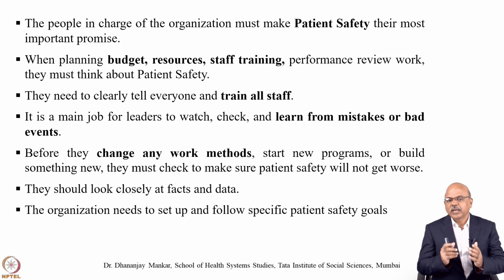Before they change any work method, start new programs, or build something new, they must make sure patient safety will not get worsened. They should look closely at all facts and data. The organization needs to set up and follow specific patient safety goals.